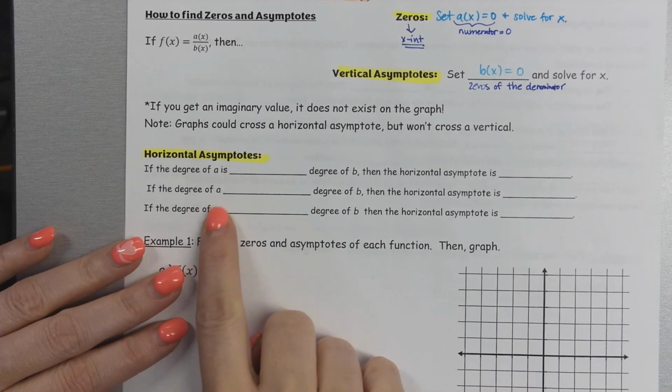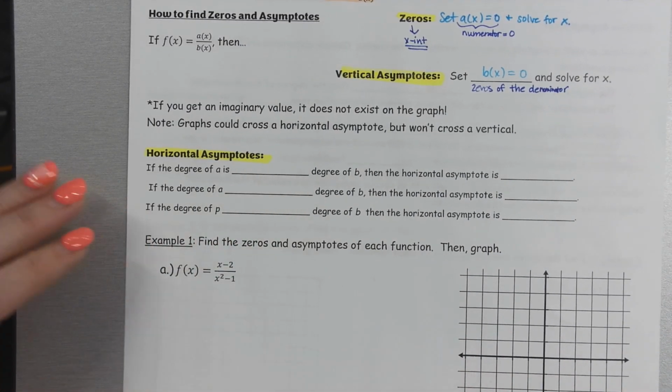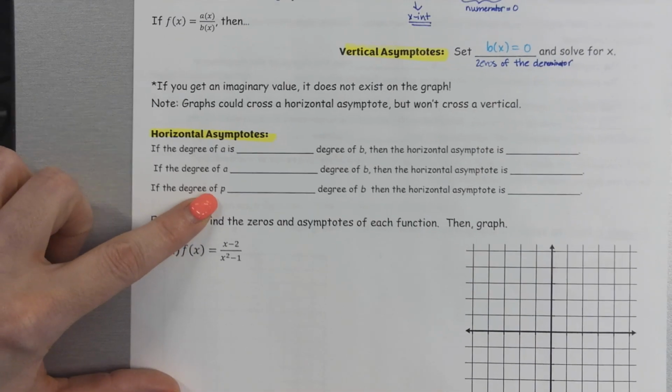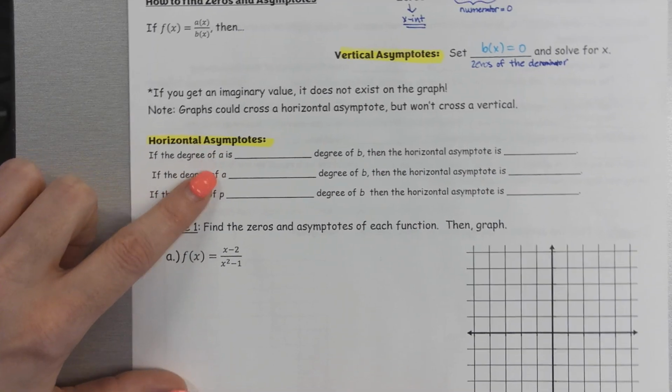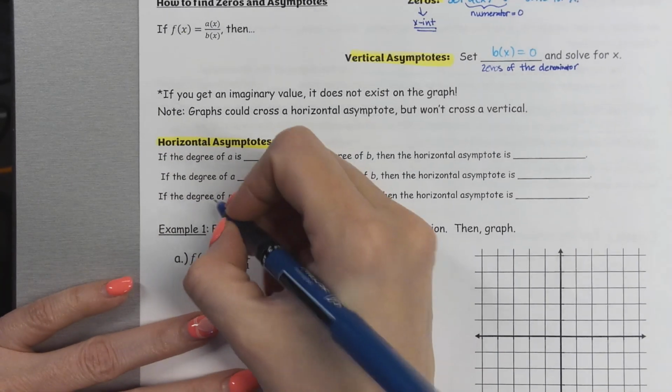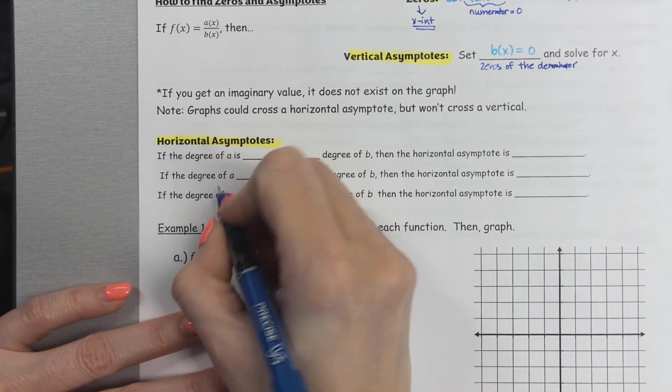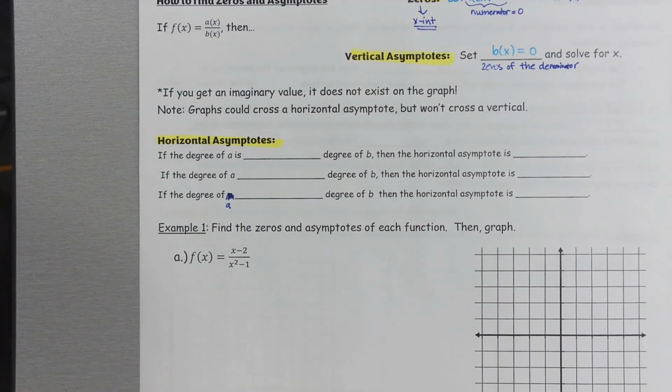It says the degree of A, and I made a mistake because when you take pre-calc next year, they don't call it A, they call it P. This book calls it A and B. Most textbooks call it P and Q. Not a big deal, but just so you know.